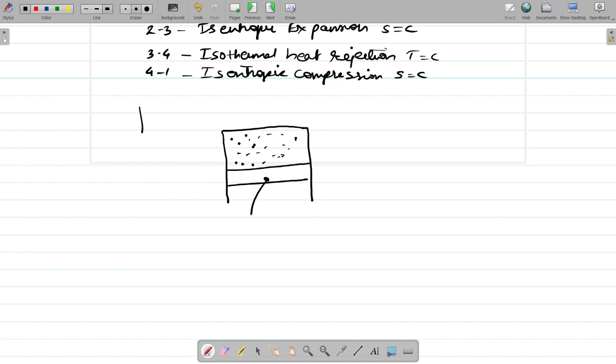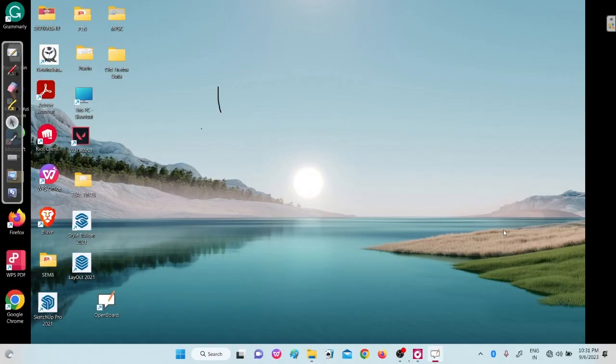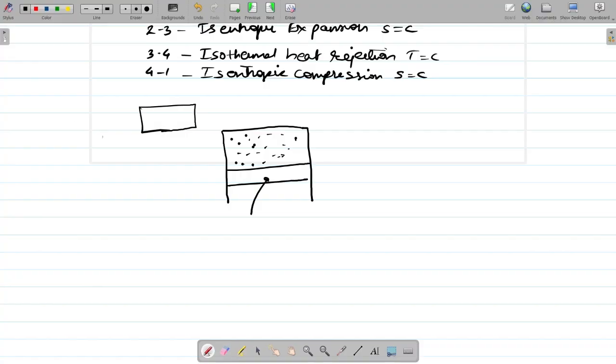Now there will be one source at higher temperature, and one sink at lower temperature.